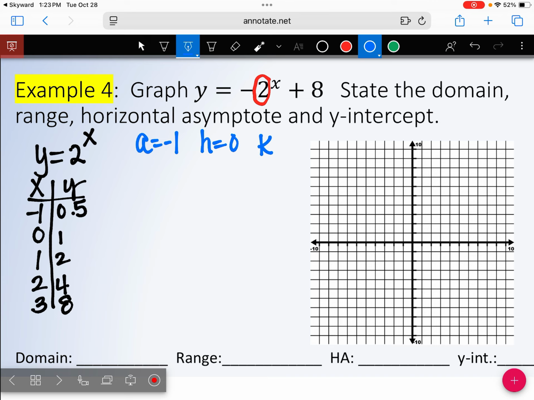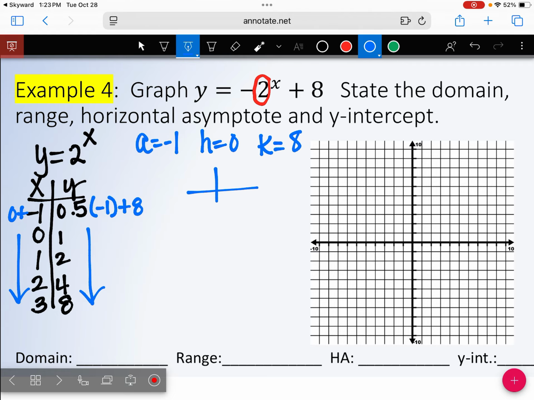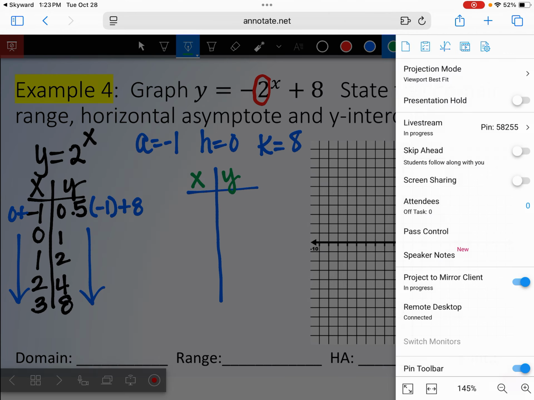And what's my K value? 8. All right, so it's going to be no changes to X because we're just adding 0. But over here, we're multiplying it by -1, and then we're adding 8. So I'll give you a second to create your transformation table. I'm going to freeze my screen, put up my table in a second. I want you all to try.